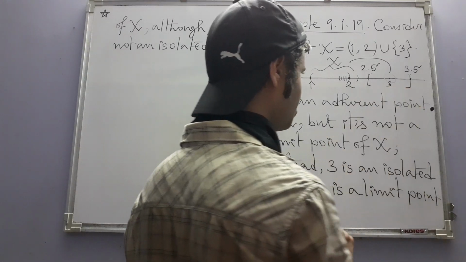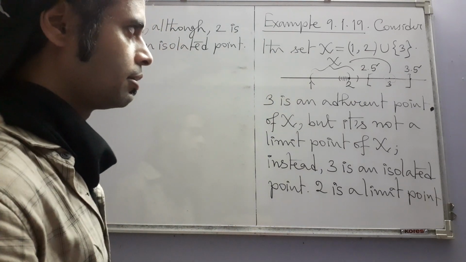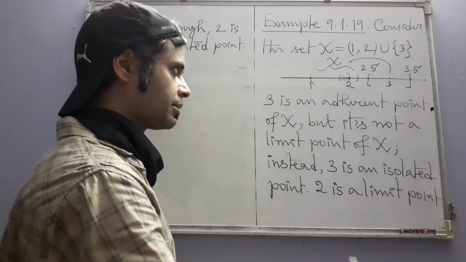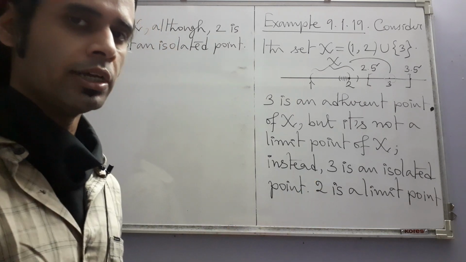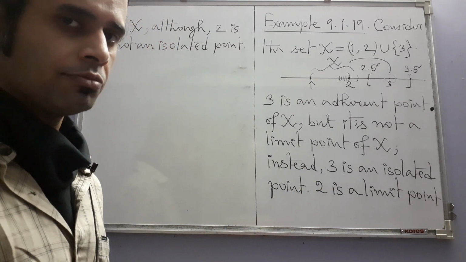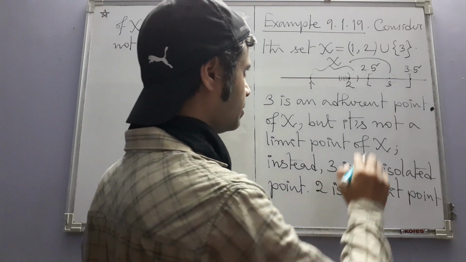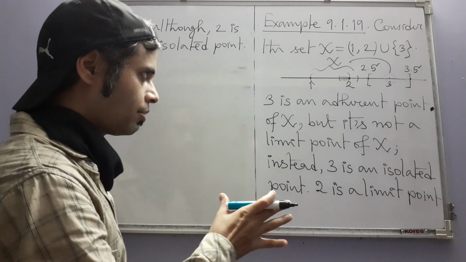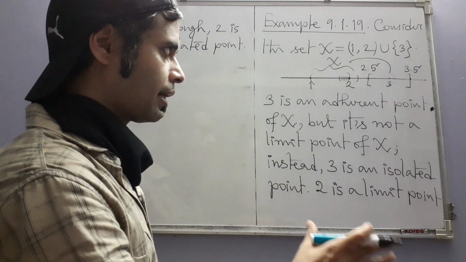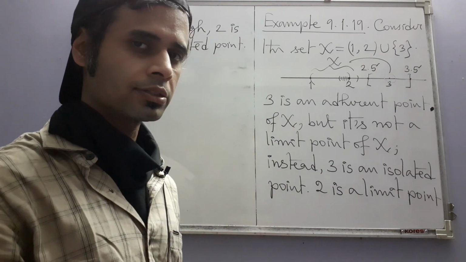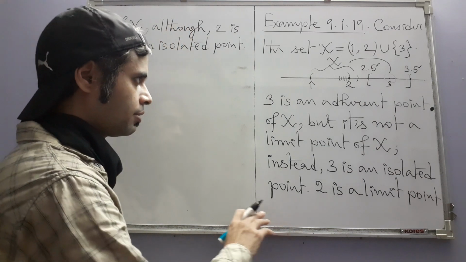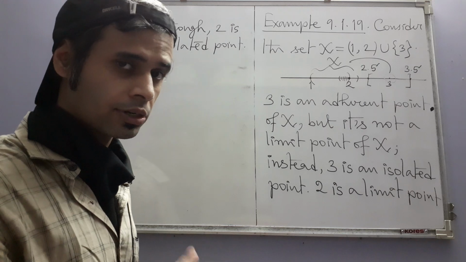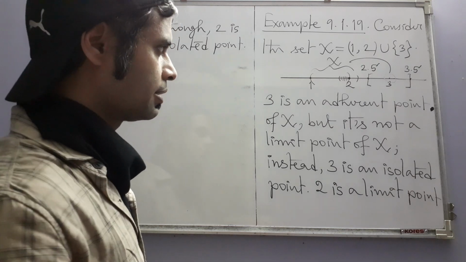3 is adherent simply because 3 is an element of the set. 2 is adherent because 2 is not an element of the set but is very close to the set. And we will actually prove later on that this is the case, namely the set of all isolated points and the set of all limit points of a given set precisely give the set of all adherent points, or in other words, the closure of the set.